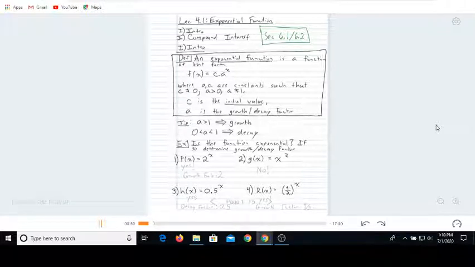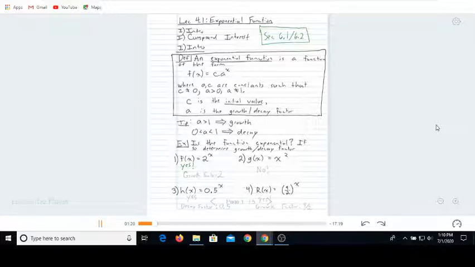And then the base of the exponential function is known as the growth or decay factor. Now if that base is bigger than 1, you will have growth. If it's between 0 and 1, you will have decay. So let's look at these examples here. Is the function exponential? And the answer is, for number 1, yes. That is an exponential function, and it is growing.